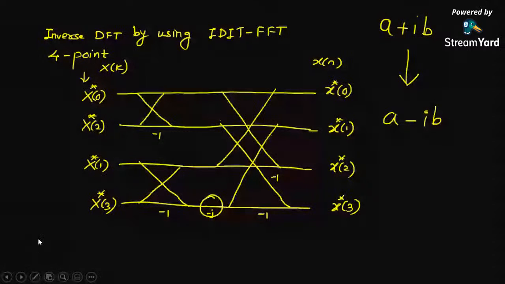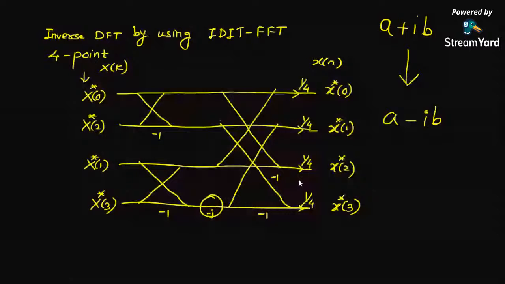And the third change is you have to multiply by 1 by 4. In case of 4-point, 1 by 4. So this flow graph we have to use for calculation of inverse DFT by using the IDFT technique. Same flow graph, only with some modifications. Input will be X of k, means frequency domain representation.